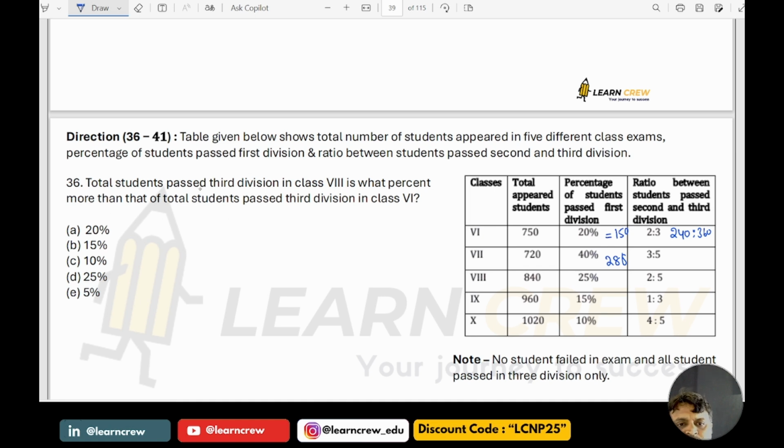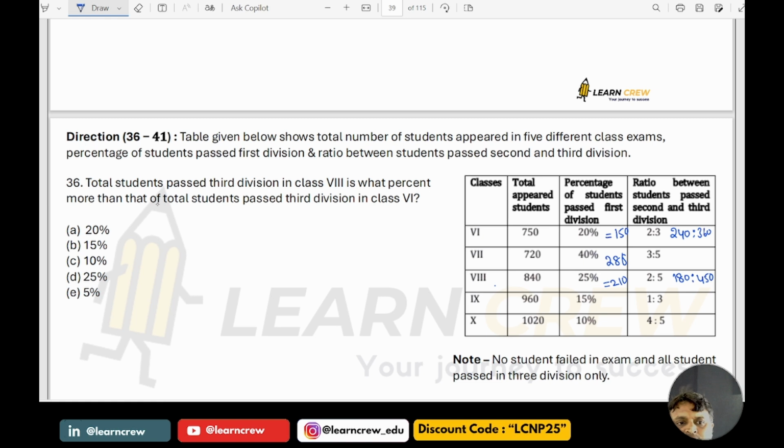The total number of students who passed third division in class 8. Class 8 total is 840. Out of them, 1/4 is 210. Remaining is 630. 630 is 7 parts, so each part 90. So 2 parts 180, 5 parts 450.